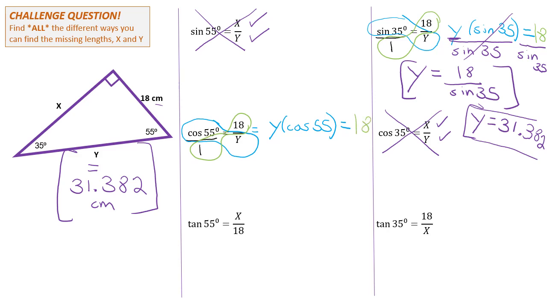I am going to divide both sides by the cosine of 55. Cosine of 55, that goes away. Remember, we're wanting to isolate the y. So y equals 18 divided by the cosine of 55.